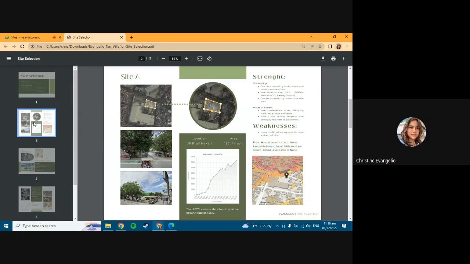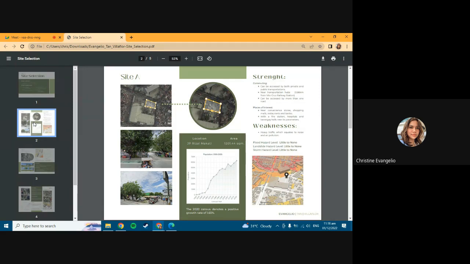But for Site A, it's located in JP Rizal, Makati, with a total area of 1,201.44 square meters, with the following advantages. For commuting, it can be accessed by both private and public transportation since it's near railway stations, and private and public vehicles like jeepney can also pass through the major road, and it can be accessed by more than one road.